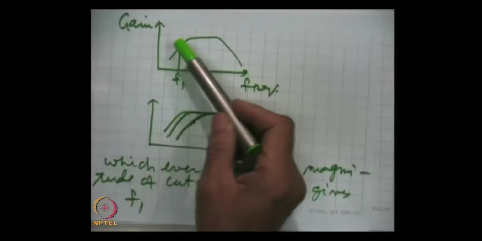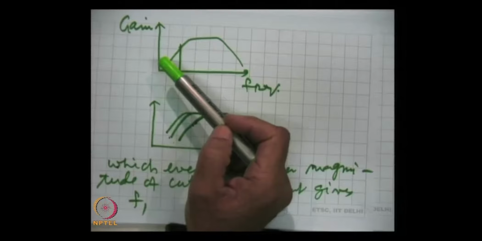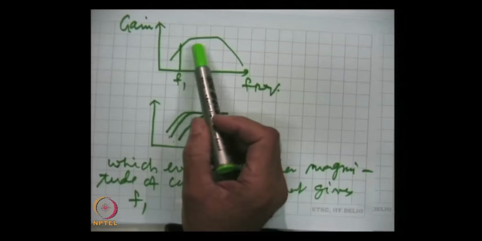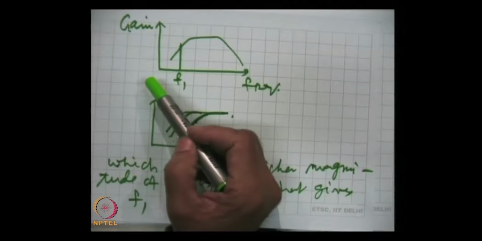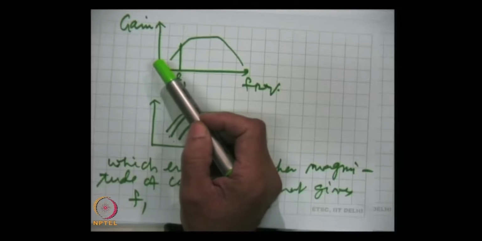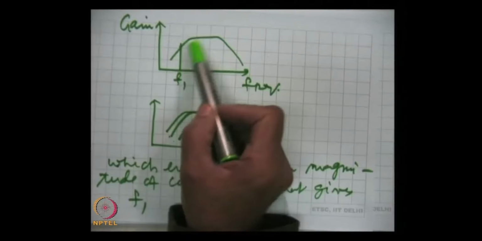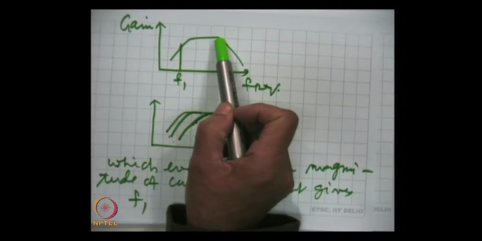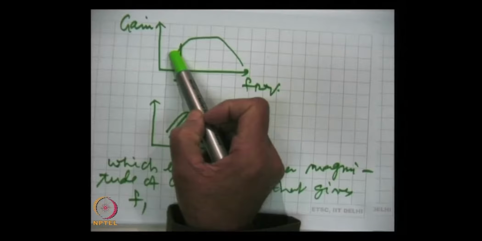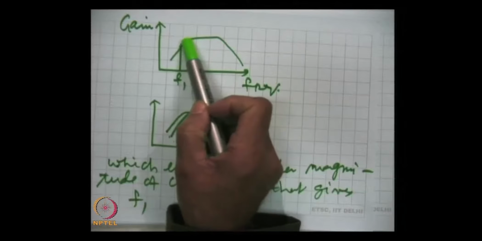Now, once we increase the frequency, the AC signal voltage drop across these coupling and bypass capacitors keeps decreasing as the reactance goes on decreasing, and finally the drops will be so small that we can neglect them. And when we come to the mid frequencies, we can assume these bypass and coupling capacitors as short, they are at best acting as a short.